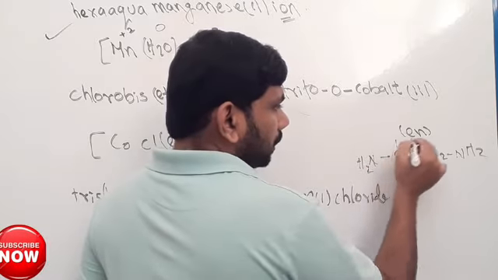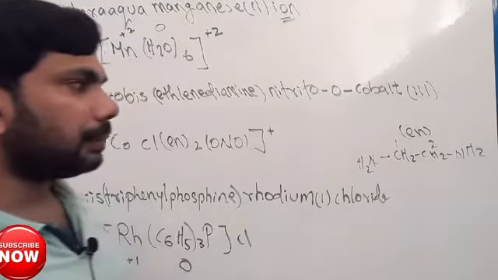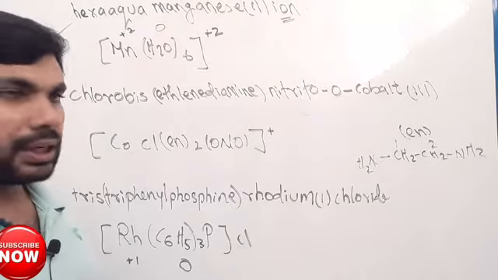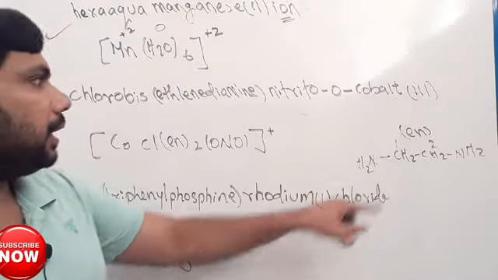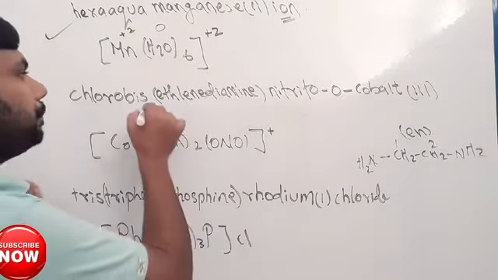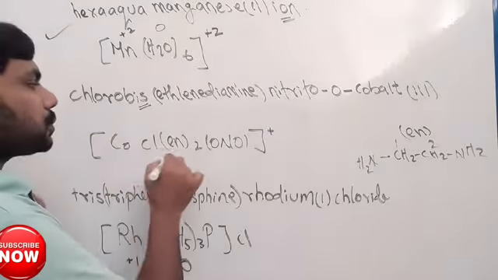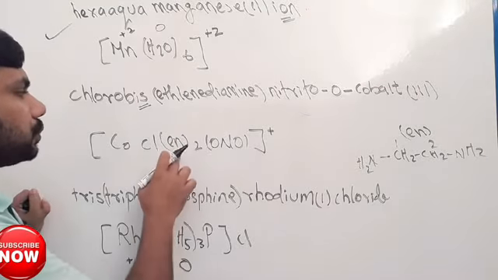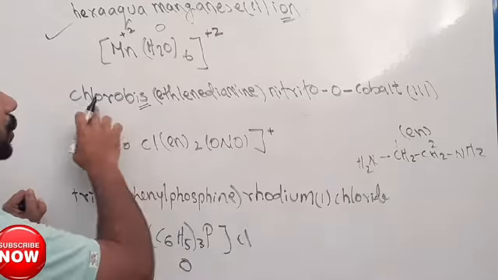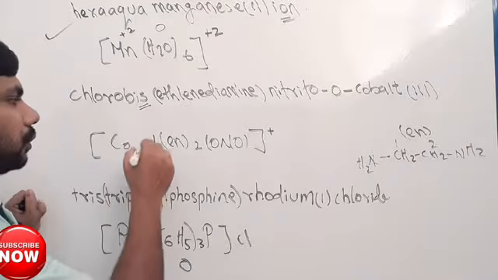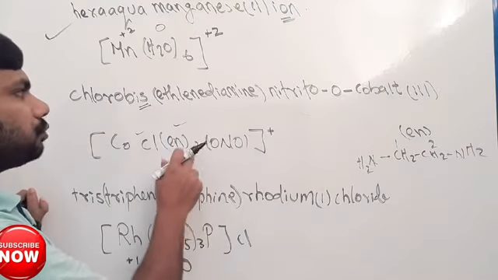So ethane 1,2-diamine or ethylene diamine is represented by en. It is bis ethylene diamine, so ethylene diamine coming 2 times, and there is chlorido. Chlorido means 1 chlorine, ethylene diamine twice.